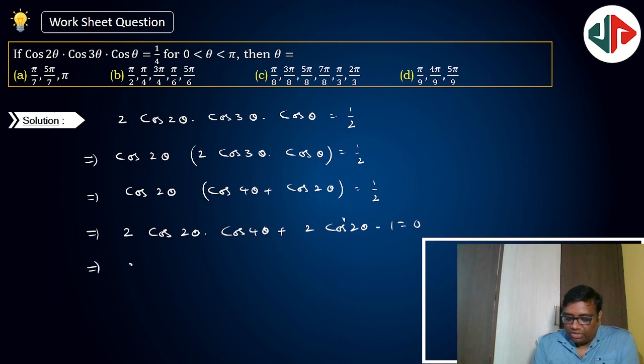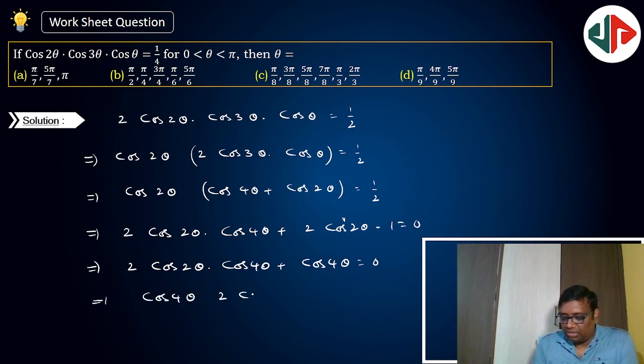Now this value is 2 times cos 2 theta into cos 4 theta. Taking cos 4 theta common, it becomes 2 times cos 2 theta plus 1 is equal to 0. So cos 4 theta is equal to 0.